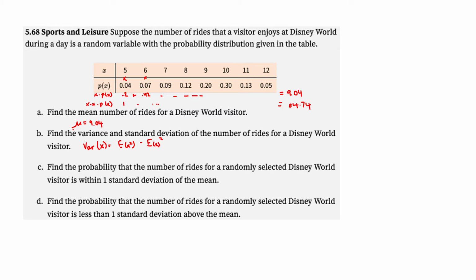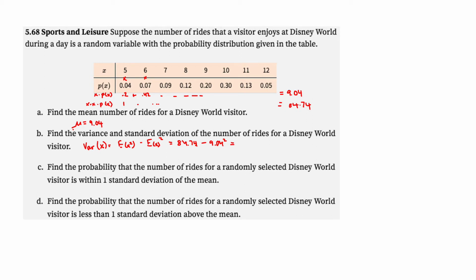So pay attention that this square is outside the bracket. We're taking this value in the bottom, 84.74, and subtracting the mean squared from this, 9.04 squared. Okay, so instead of having to do this subtraction, we can just multiply through an additional time using values that we already needed to get the mean.